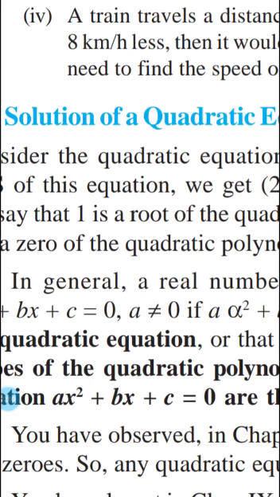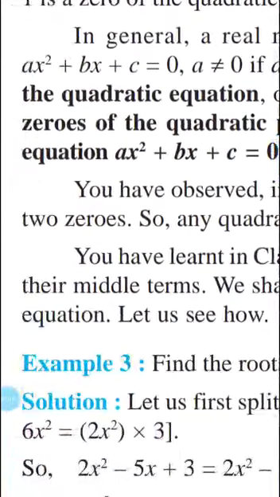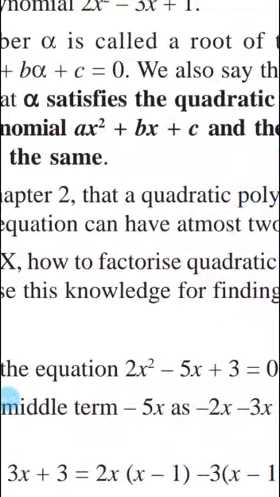So we can say that the zeros of the quadratic polynomial ax square plus bx plus c and the roots of the quadratic equation ax square plus bx plus c are the same.